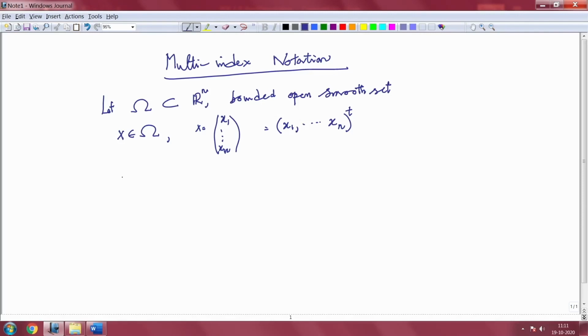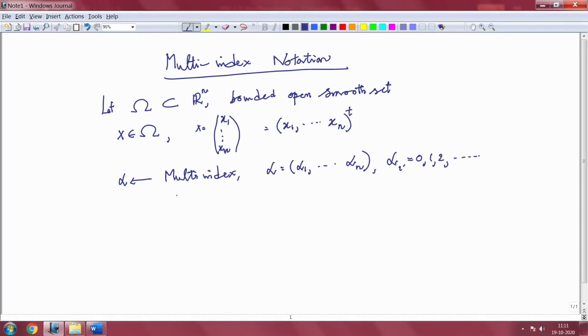Then for a multi-index alpha, what is a multi-index? Alpha consists of non-negative integers alpha_i, where alpha_i equals 0, 1, 2, 3 etcetera. So alpha is in N union {0} to the power n.